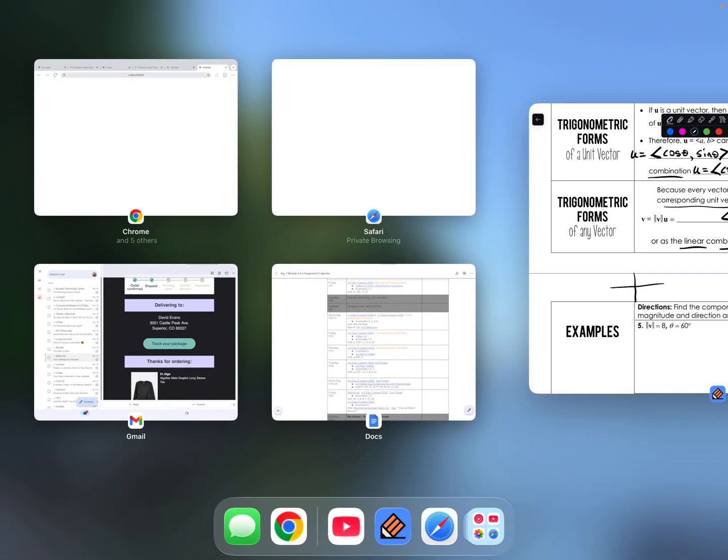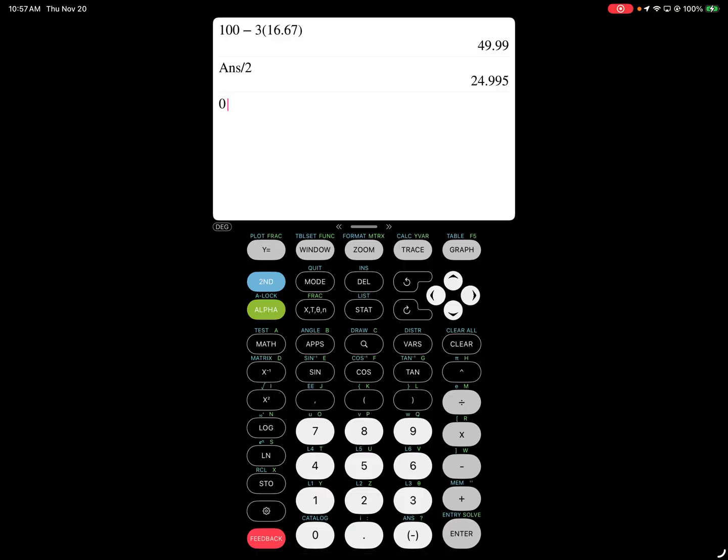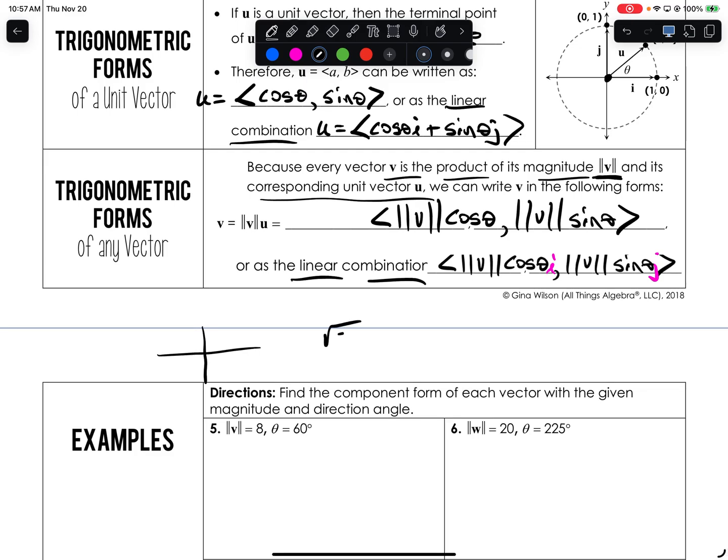So let's just remind ourselves what root 3 over 2 is, because I forget. Yep. So root 3 over 2 is 0.8, let's just say 0.9. So root 3 over 2 equals 0.9.